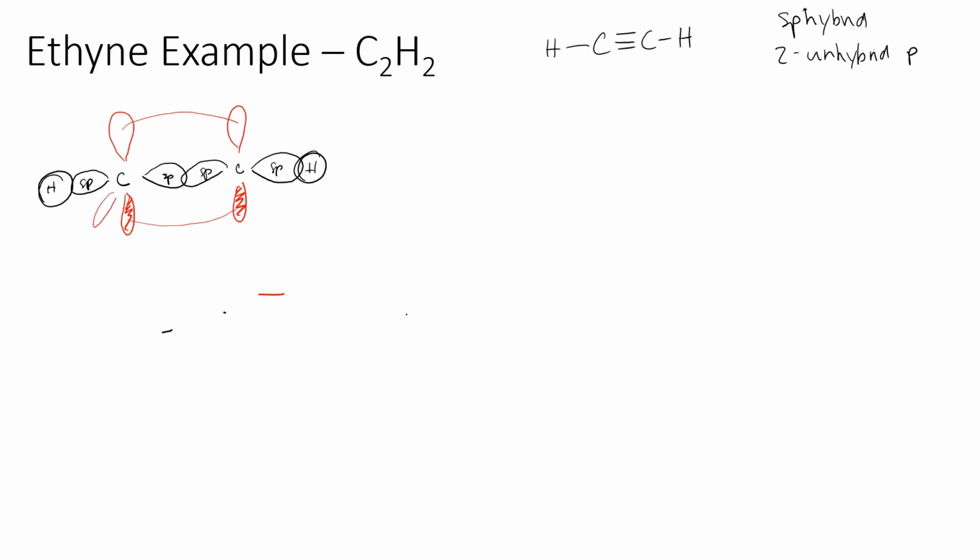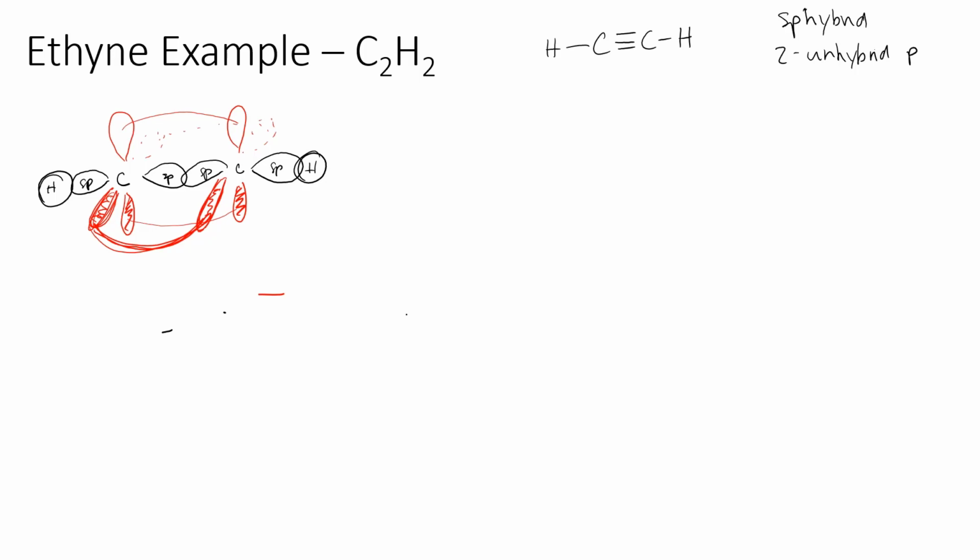The second unhybridized p orbital is going to go out of the plane and back behind the plane, and again I'm going to shade in one of those lobes on each one. It is going to be the overlap between that p orbital that is going to account for the third pair of electrons that is shared between the two carbon atoms.